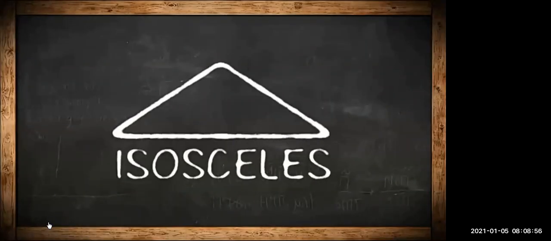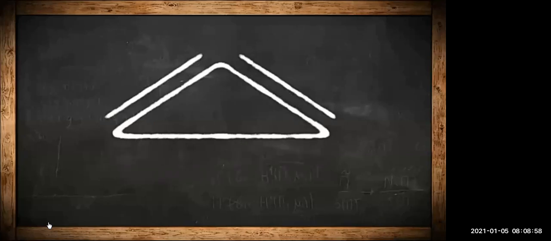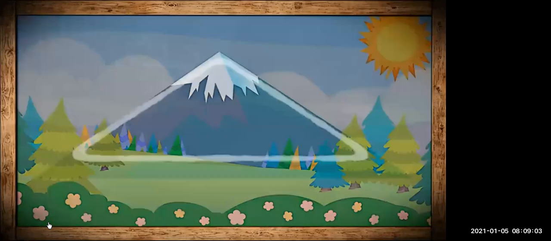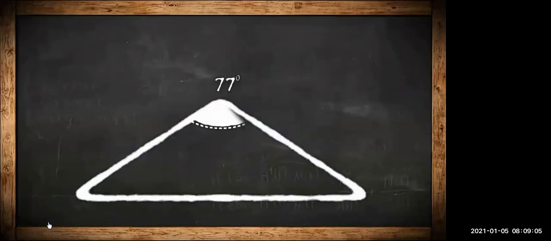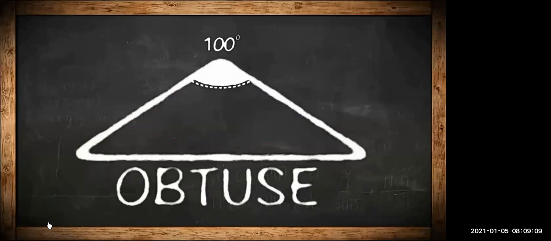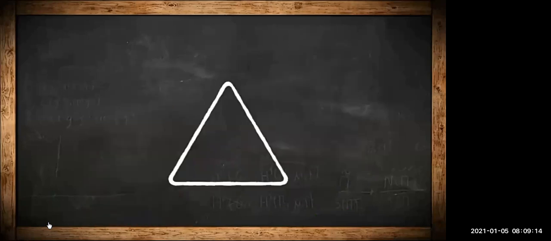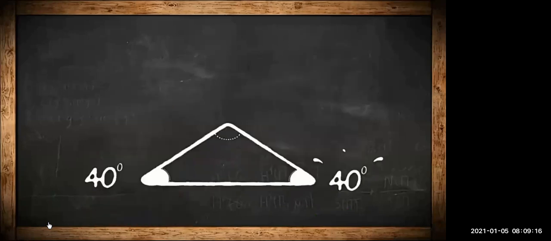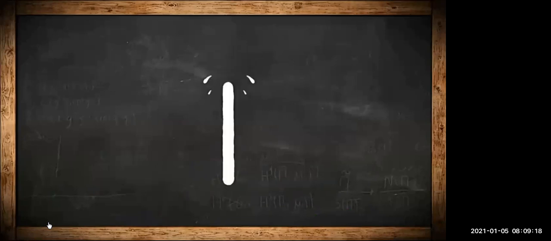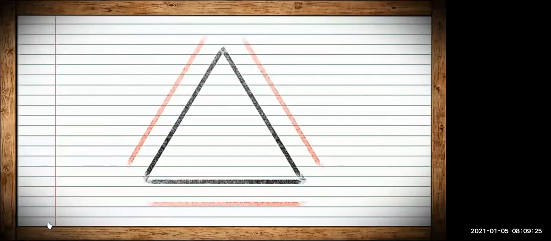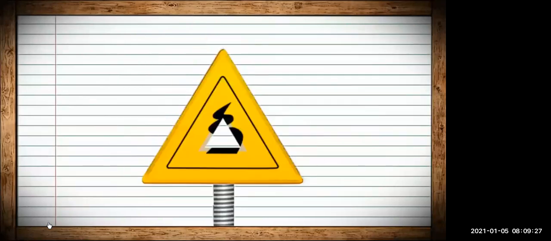Isosceles triangles have two equal sides, like this mountain we're about to climb. And since one angle's over 90 degrees, an obtuse triangle is what we see. If you add up every angle, there are 180 degrees in a triangle. If the length is equal on every side, say it's equilateral like this roadside.